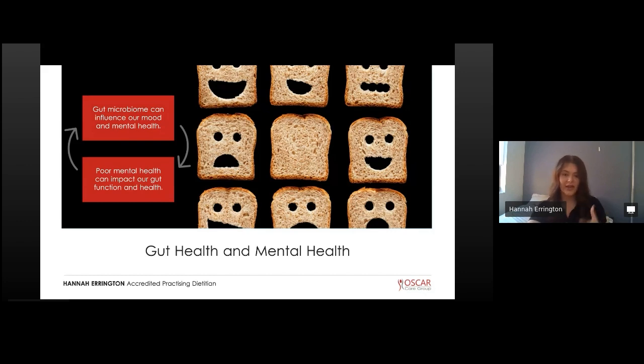Then we tend to see that somebody struggling with their mental health just has a less diverse diet and a lower nutrient diet because of the struggles that they're facing on a day-to-day basis. And then you combine that with the fact that research also shows that just having poor mental health is going to directly impact the gut microbiome anyway. So when you combine the diet and all the other factors of poor mental health, we can see that it really starts to impact the gut.